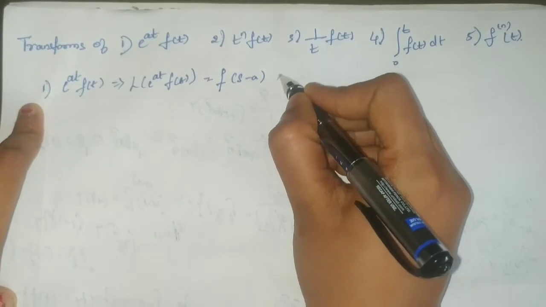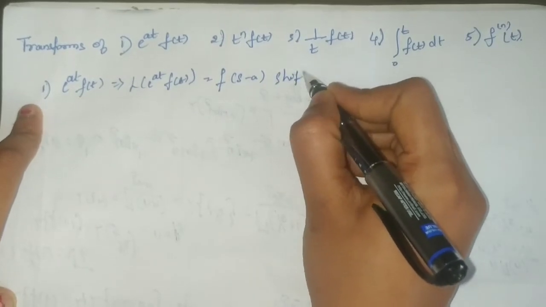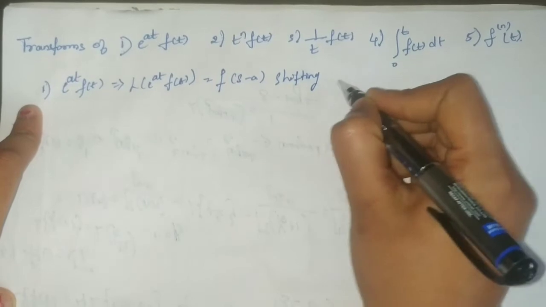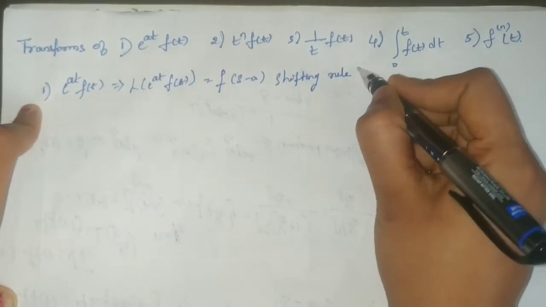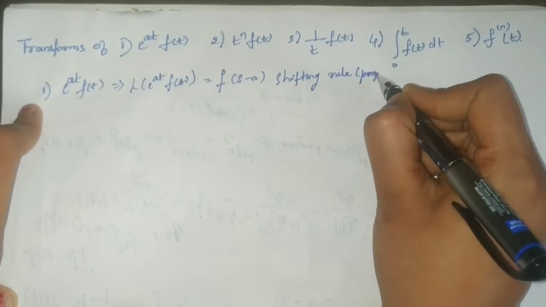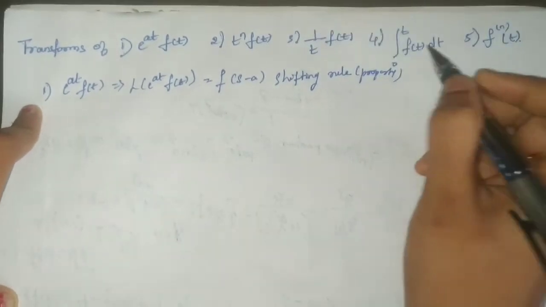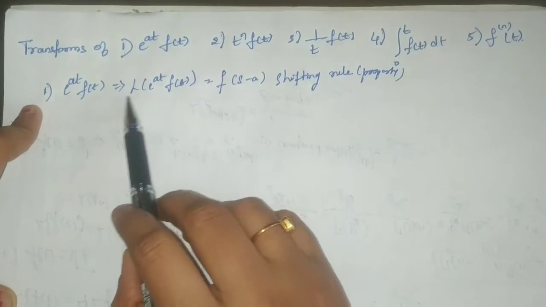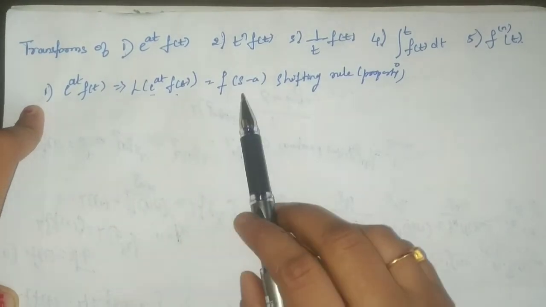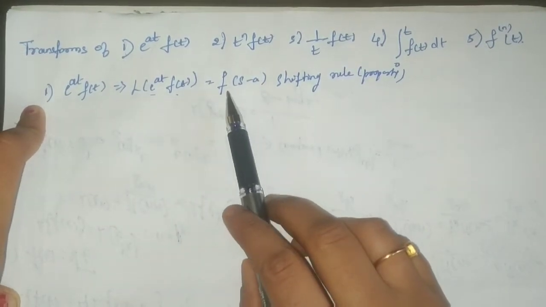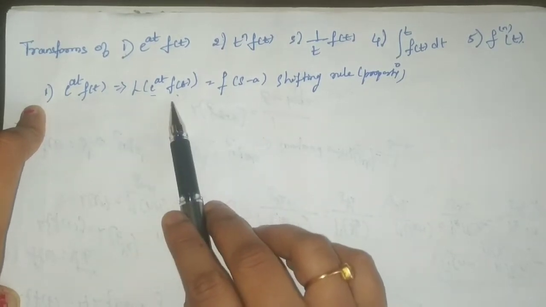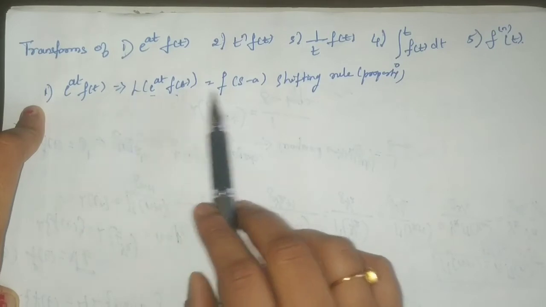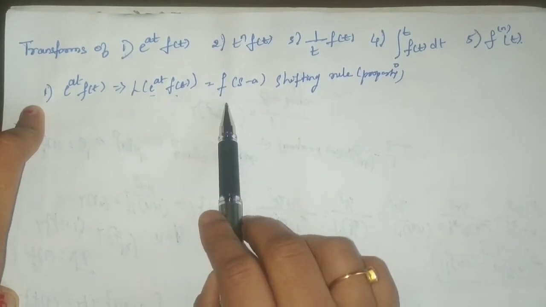This property is called shifting rule, or it is called property. So whenever you have product of exponential into function, you have to write the solution as f of s minus a. While solving problem, I will explain you easily how to get the direct function.